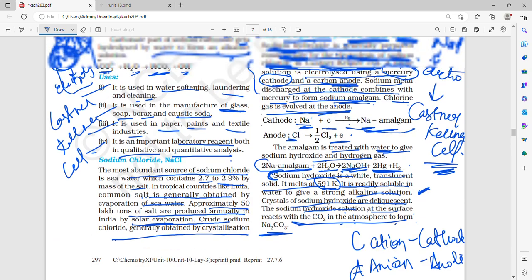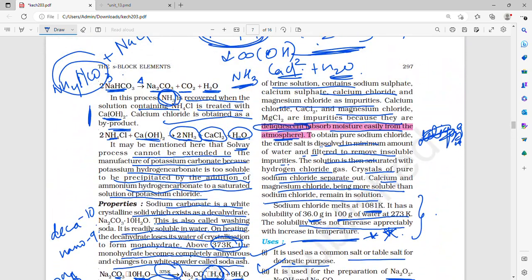What do we want? We want sodium chloride. The impurities are magnesium and calcium chloride, and sodium and calcium sulfate.